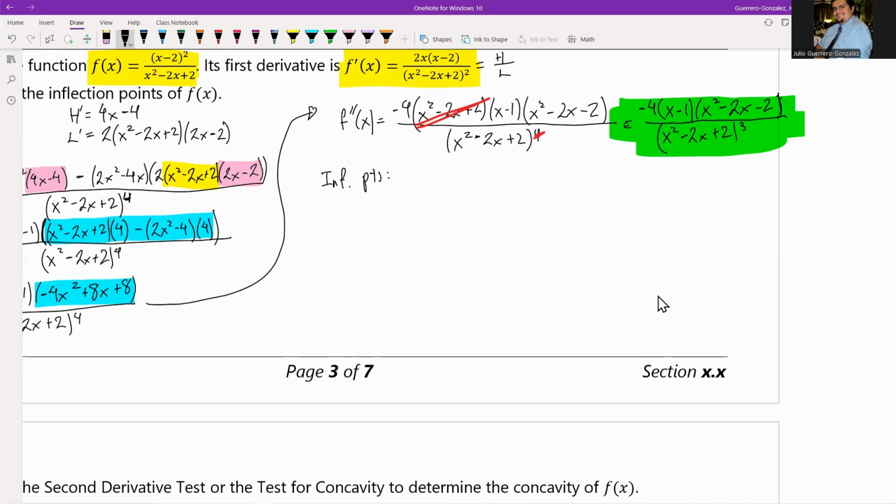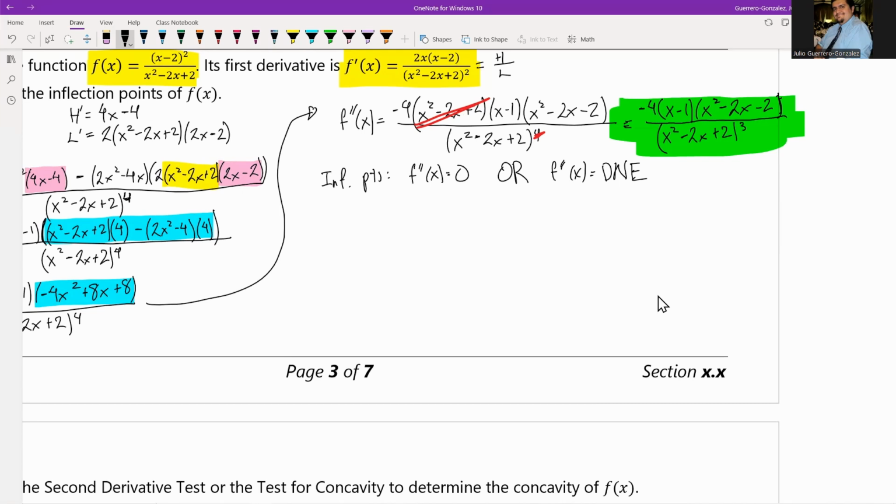is when f double prime of x is equal to 0, or f double prime of x does not exist. Okay, we're going to use the same thing that we did with our first derivative test, right?